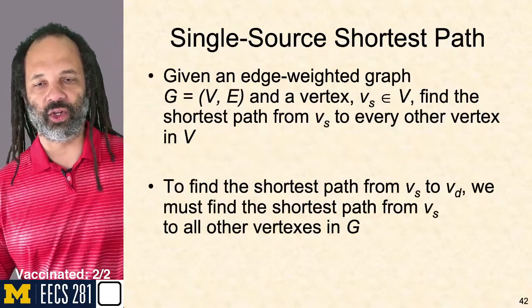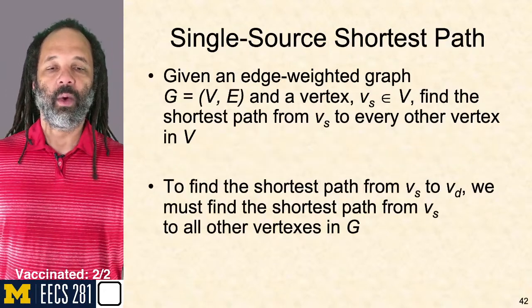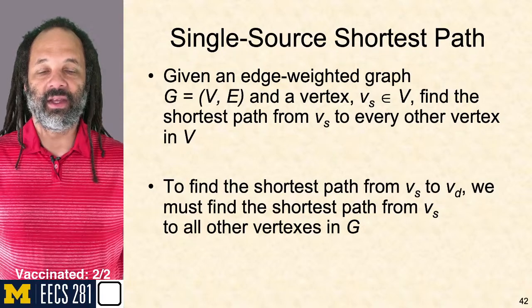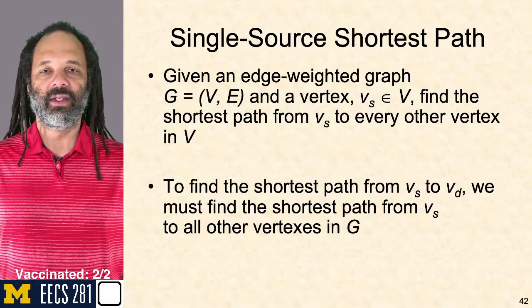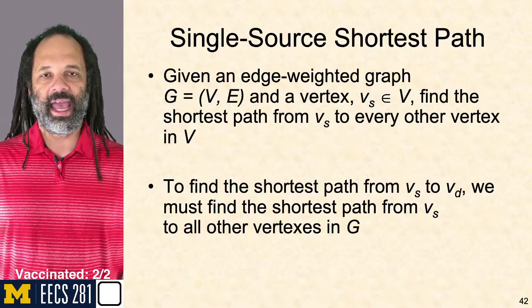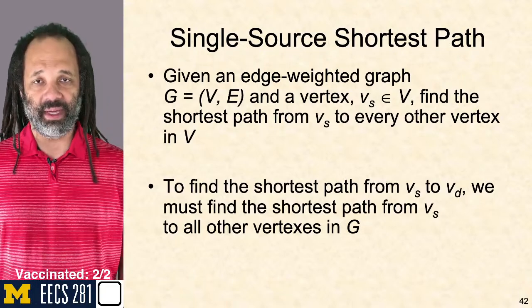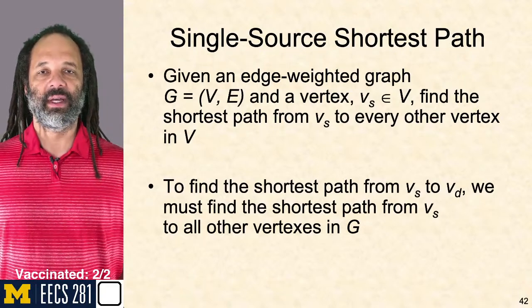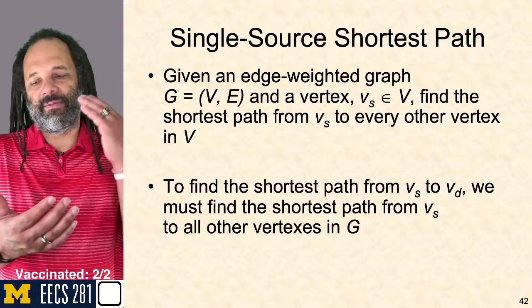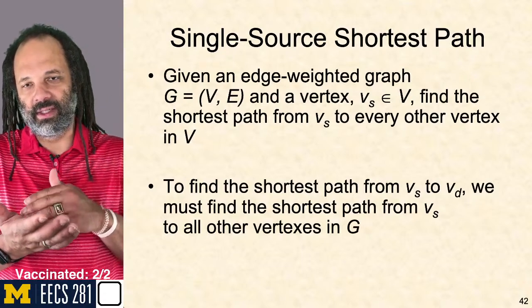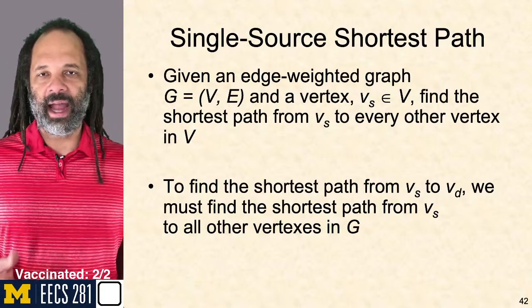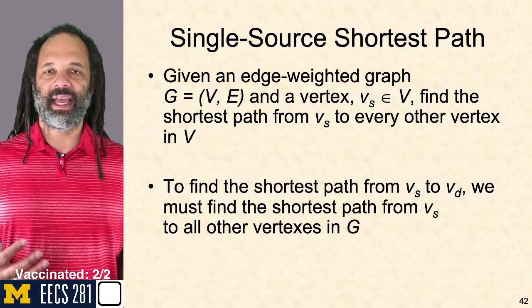In single source shortest path, we end up actually finding the shortest path from V sub s to all the other vertices. And if you think about why that would be, if I'm trying to figure out the path from one particular vertex to another vertex, I never know which vertices it has to go through.